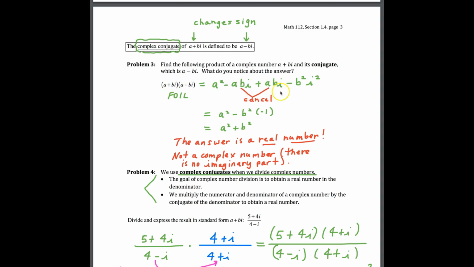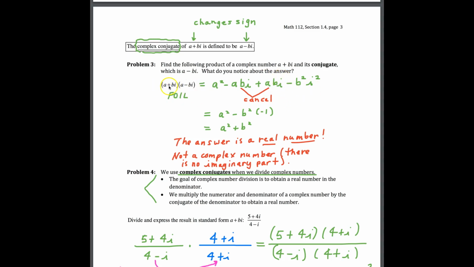I can write that as abi, positive. And the last term is going to be positive b times negative b, right? Which will be negative b squared, and then times i squared. So just think of this, the plus times the minus makes it a negative, and then b times b is b squared, and i times i is i squared.